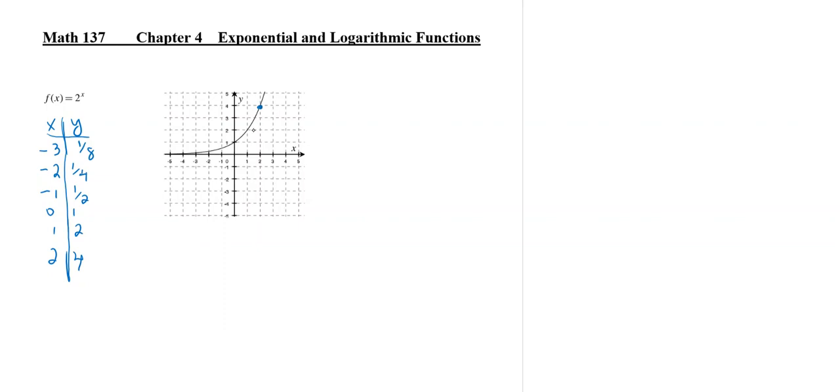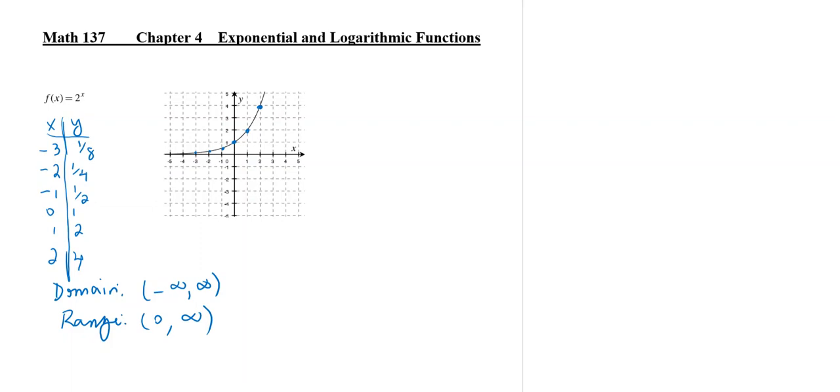2, 4, 1, 2, 0, 1, 1, 1, negative 1, 1/2, negative 2, 1/4, negative 3, 1/8, etc. We know the domain of this function. It is all real numbers. And we also know the range. It is 0 to infinity.